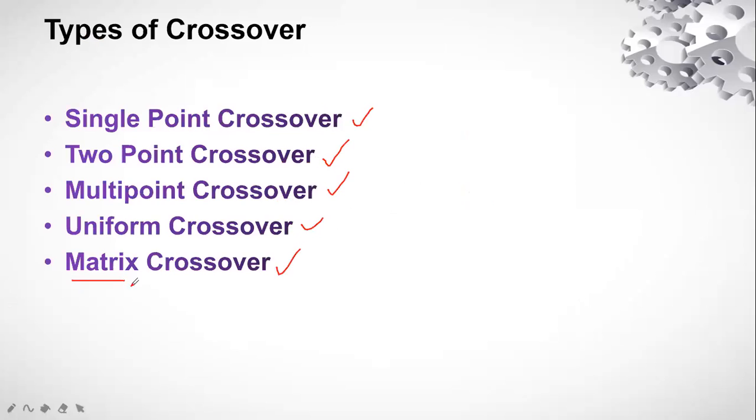Matrix crossover is also called two-dimensional crossover. You have to remember this. We are going to see these one by one, how each is done and what it is about, right?